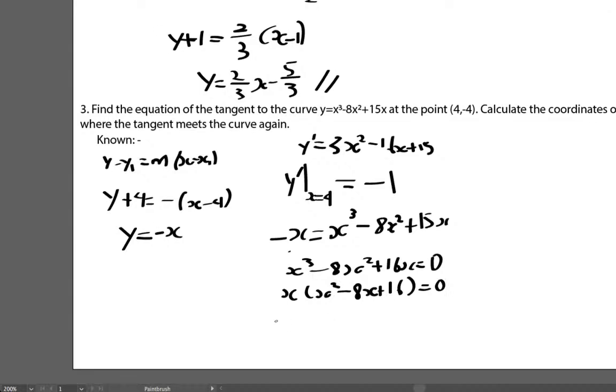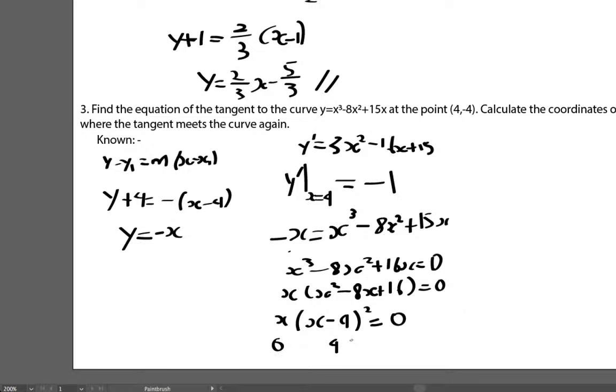So you can do this, and you'll solve that x minus 4 squared equals 0. That means there are actually 2 points where it crosses, when x equals 0 and when x equals 4.